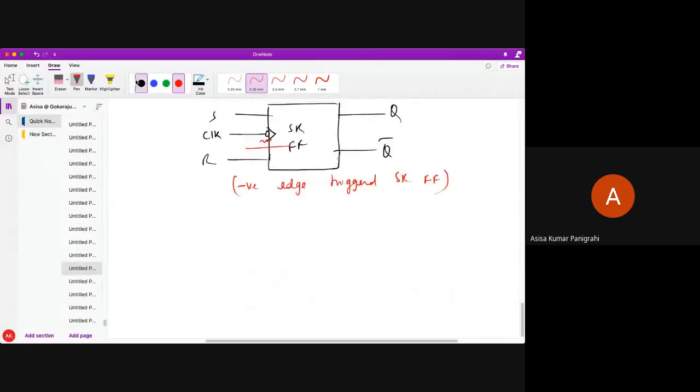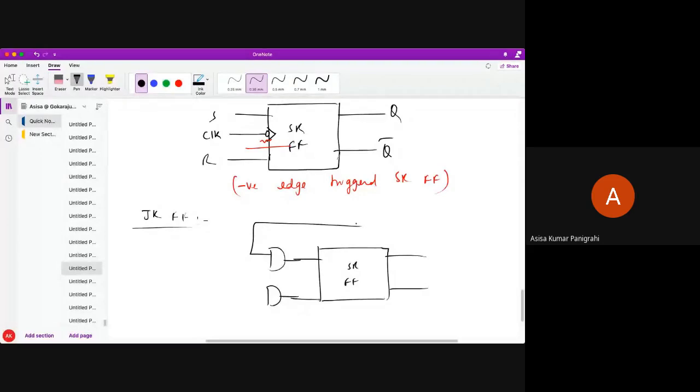Now if somebody asks you similarly for a JK flip-flop, how is it level triggered? You can take the SR flip-flop as it is. Next, what modification do you have to do in the SR flip-flop to get a JK flip-flop? You would have NAND gates, and you would have feedback from Q bar here, and feedback from here, and after that you will have J and K, and the clock pulse will be like this.